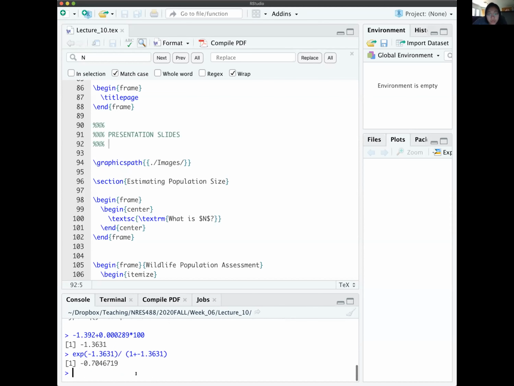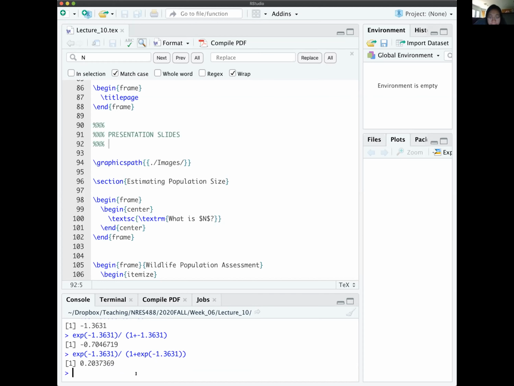Oh, we don't put 1 plus the exponent? Oh, yep. Nice. I was wondering why I got a negative number. And this should always be between 0 and 1. There we go. So that gives us our mu value, which tells us the probability that an owl will use that site 100 meters from water.